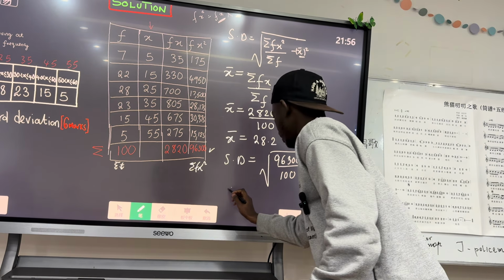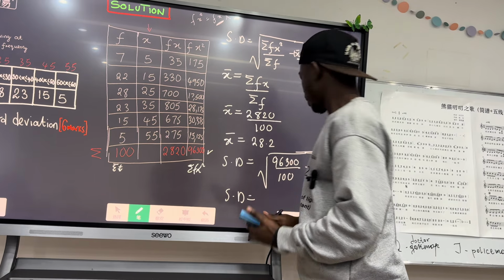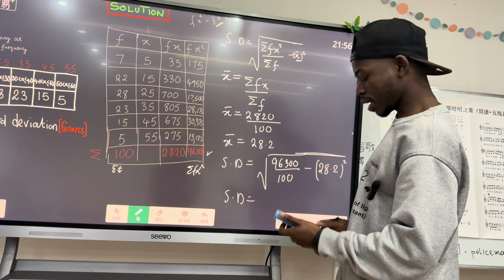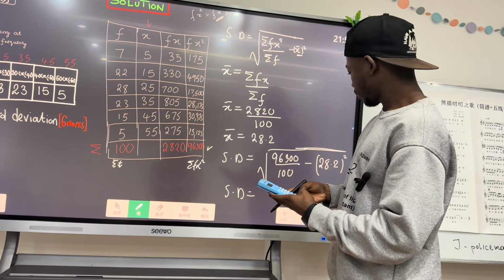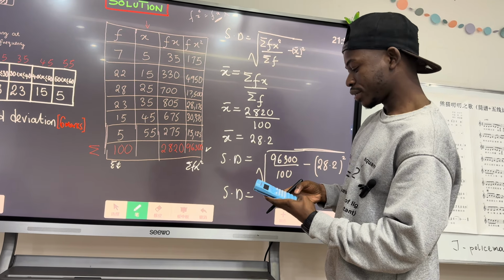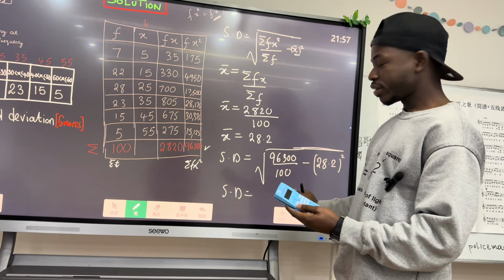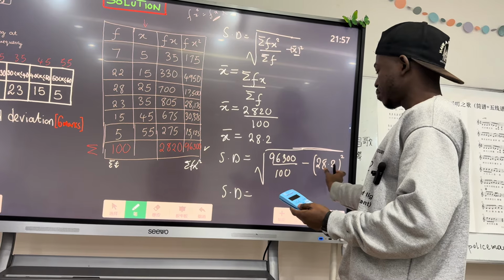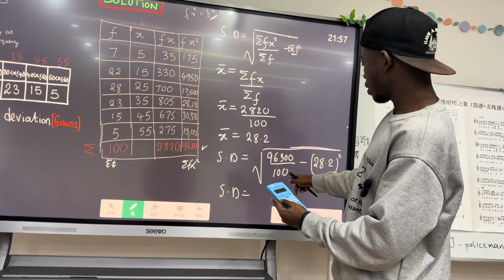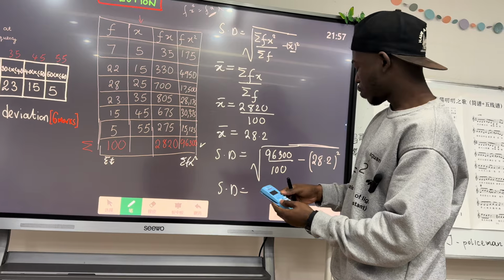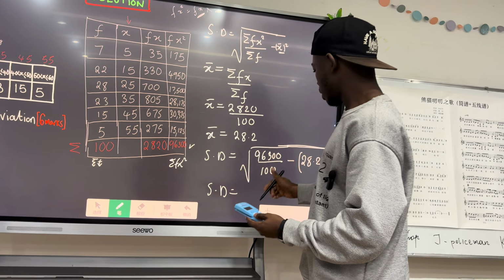Okay, so at this stage, you can simply use your calculator and write down the answer there. So 96,300 divided by 100. If you want, you can first work with this, then you subtract, or you can just do it at a go.